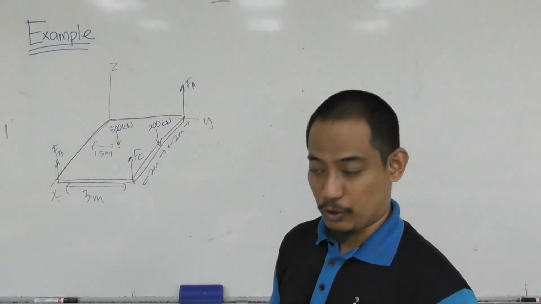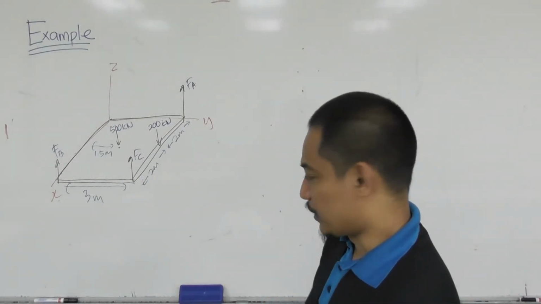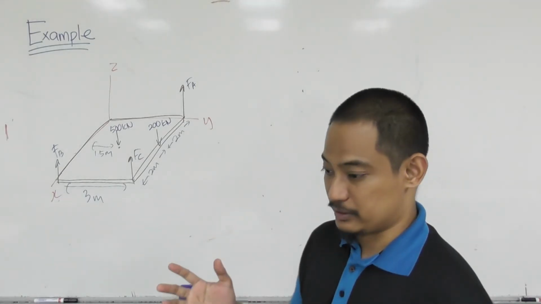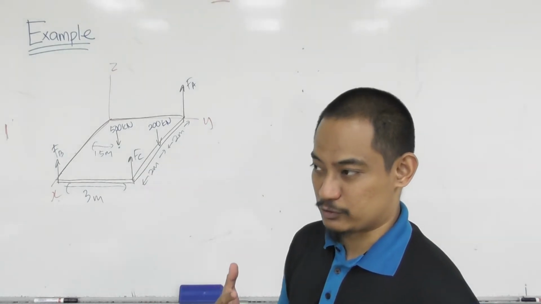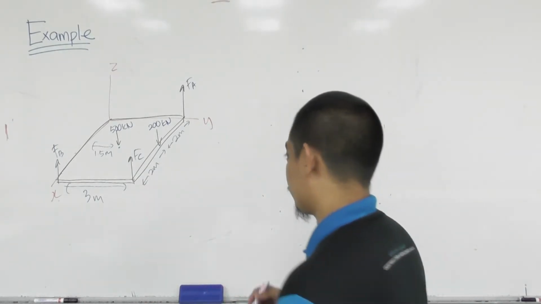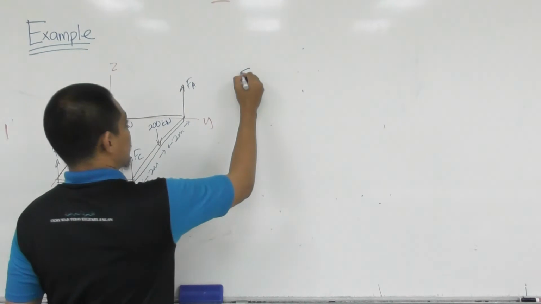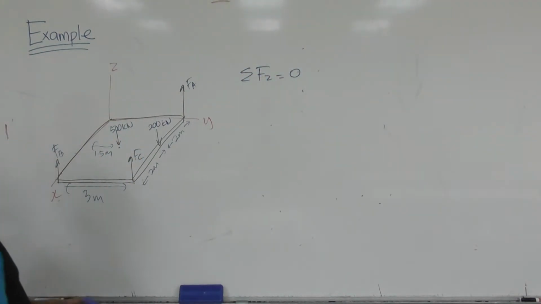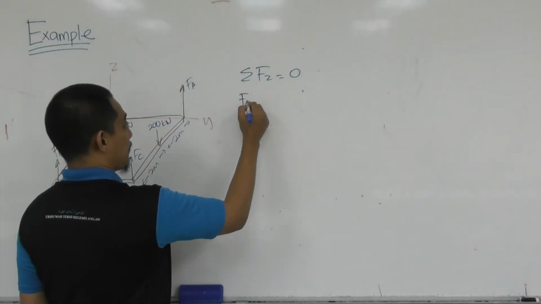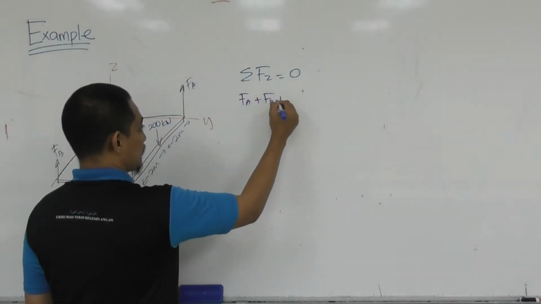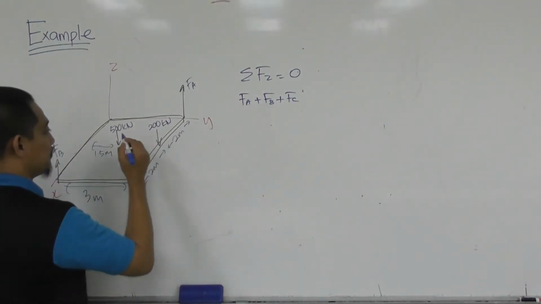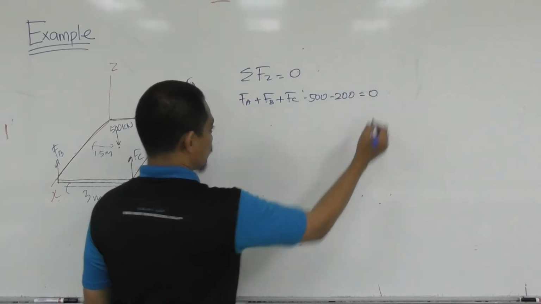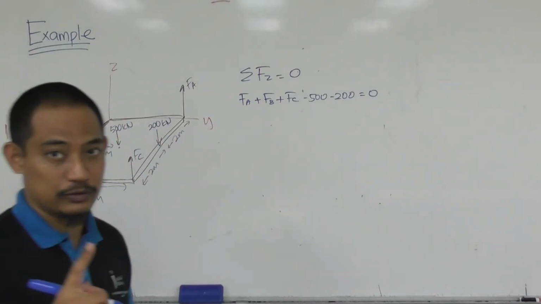Now, what are your options? One way is to solve using simultaneous equations. For example, summation of Fz equal to 0 gives FA plus FB plus FC minus 500 minus 200 equal to 0. That's one equation.